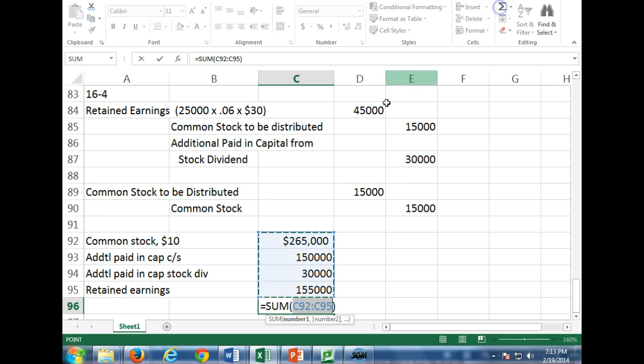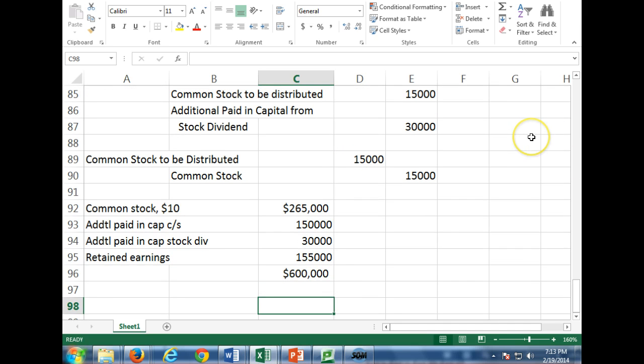Our balance is the same as what it was. Why is our balance the same? We didn't pay out cash and we reduced our retained earnings, but we increased our stock. The balance is still the same in our stockholders' equity, right? We just took it out of retained earnings and increased our stock.